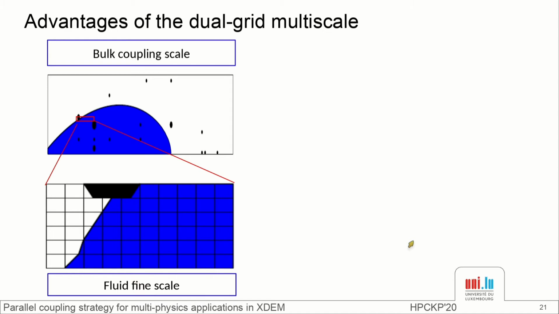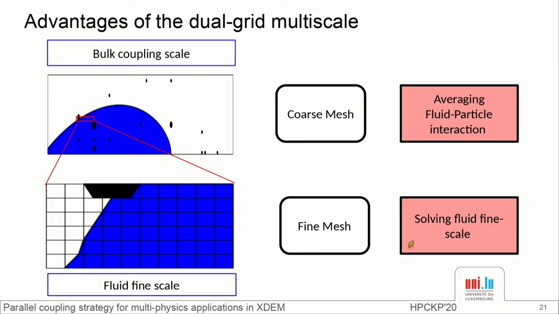And the fine grid will be used on the CFD side to solve the fluid at a fine scale in a very precise manner. But on the DEM side, we will use a coarse mesh. And the coarse mesh will have the advantage that it will average the physical properties from the fine mesh and bring them to the coarse level of particles.